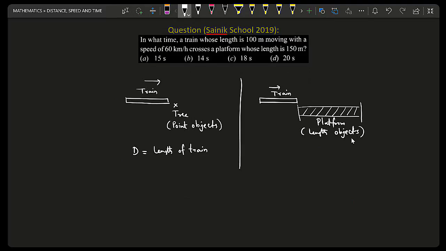So what are the examples of length objects for a train? We can say a platform, or any tunnel. Sometimes trains go through a tunnel, which has a finite length compared to the train.